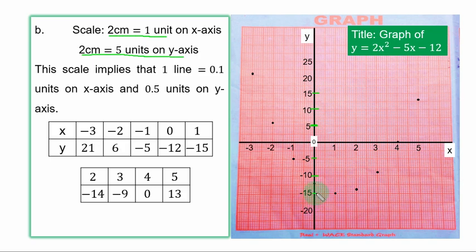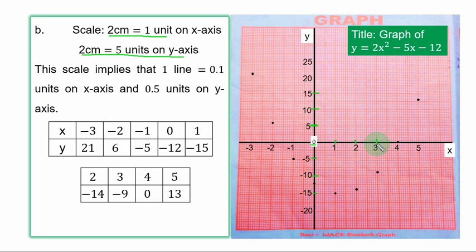On the s-axis, the same 2 cm is 1. So from the point of intersection, that is the origin, to the end of the second box is 1. The next one is 2, the next is 3, and so on. If you go to the left, you have minus 1, minus 2, minus 3.